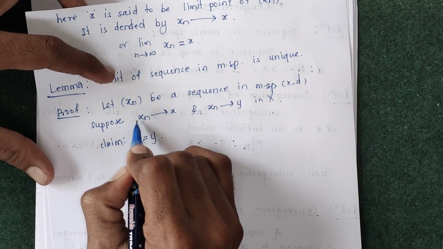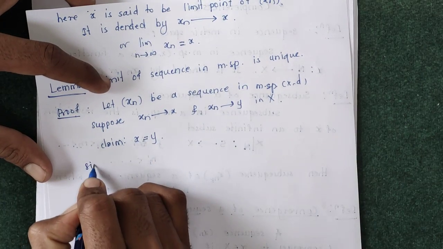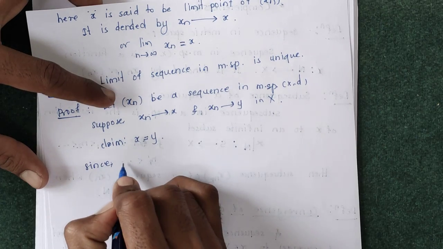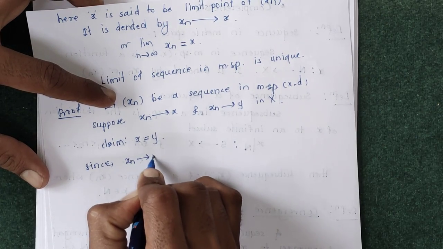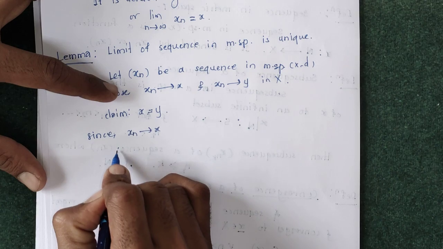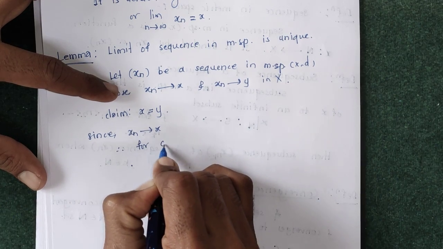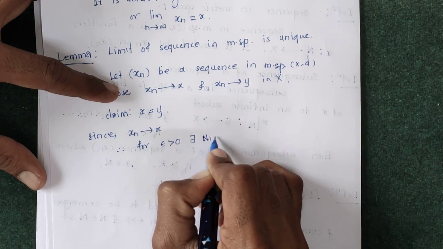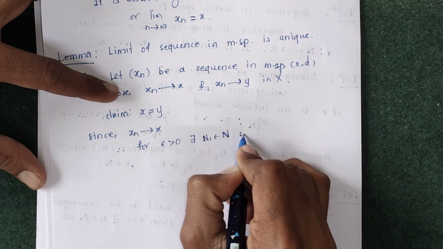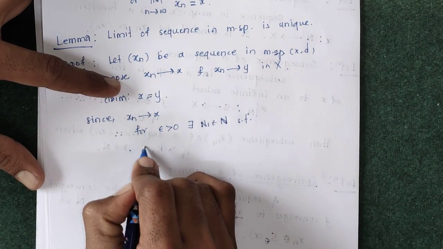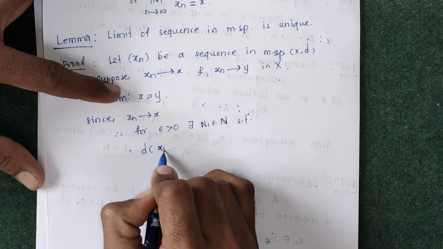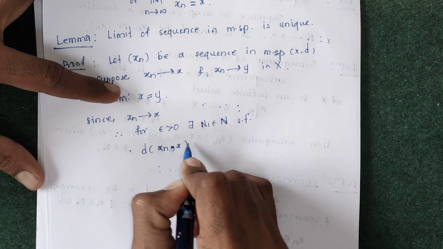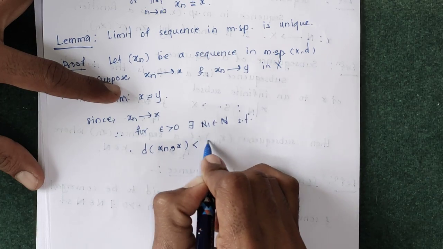Now since this sequence xn converges to x, we can use the definition of convergence of a sequence. Since xn converges to x, therefore for any given epsilon positive, there exists some n1 belonging to the set of natural numbers such that the distance of xn and x is less than epsilon.